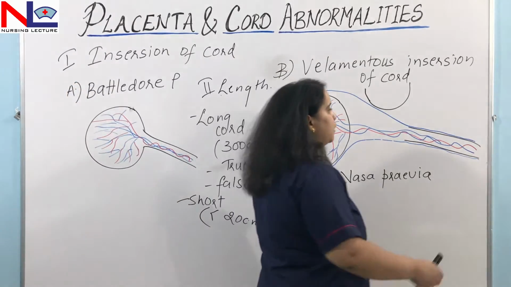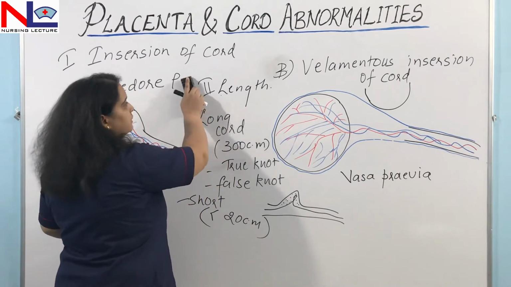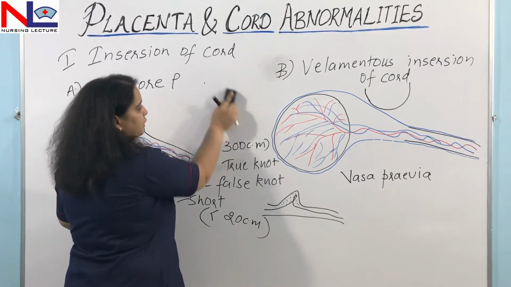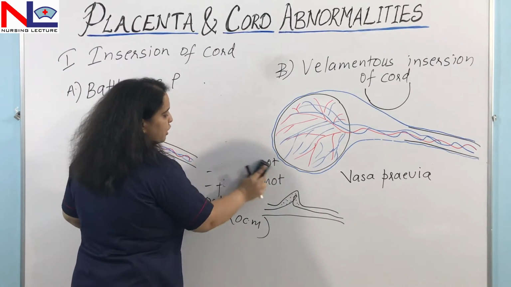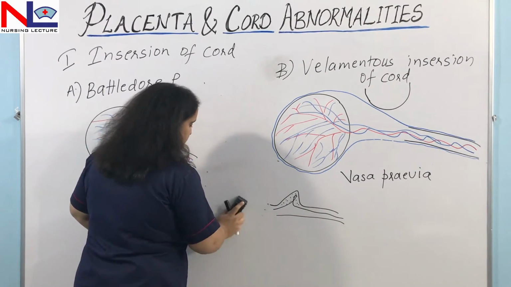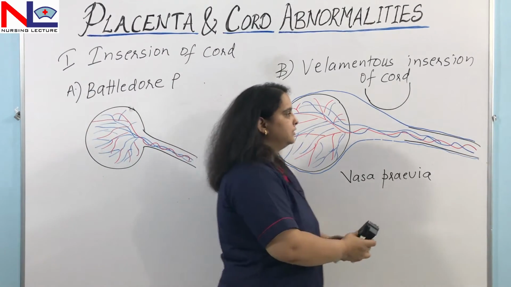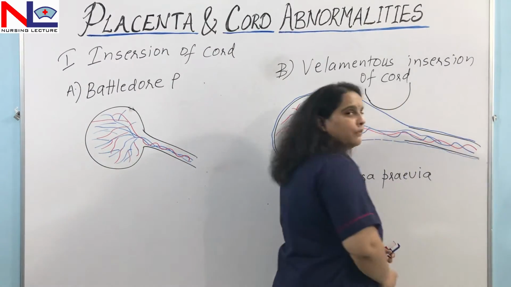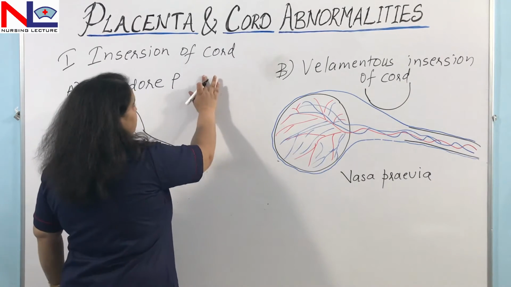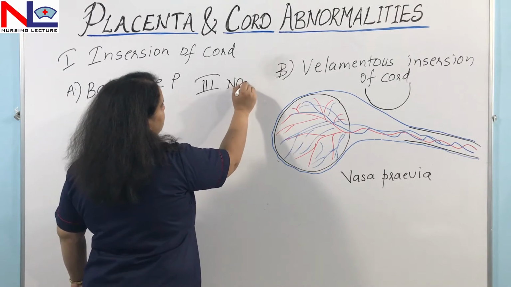Now the third variety of abnormality in the cord is the abnormality on the basis of the number of vessels. Usually, if you remember, in the normal umbilical cord there are 3 vessels, that is, 2 arteries and 1 vein.